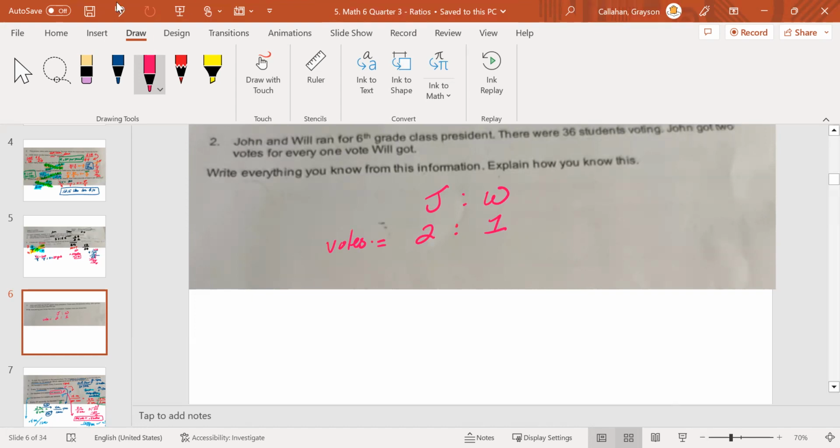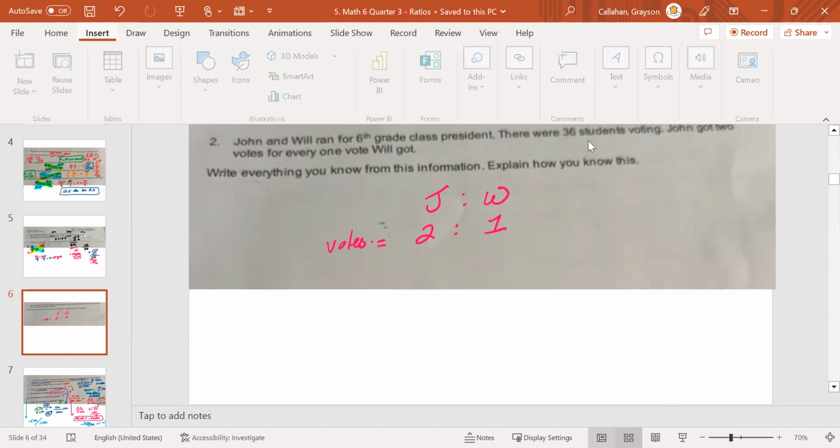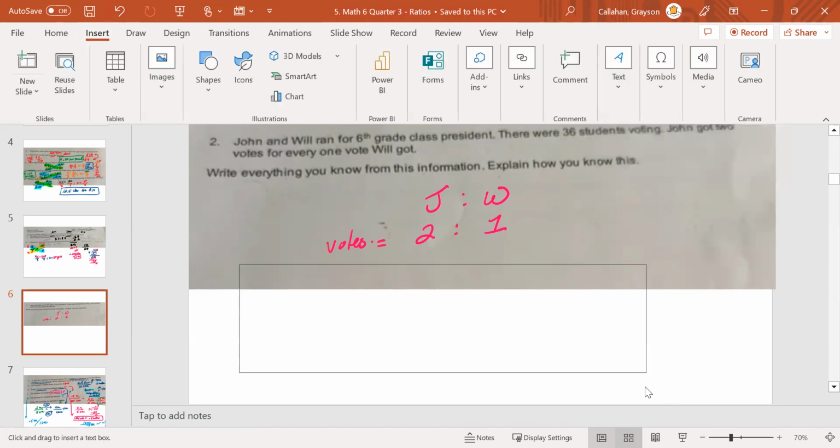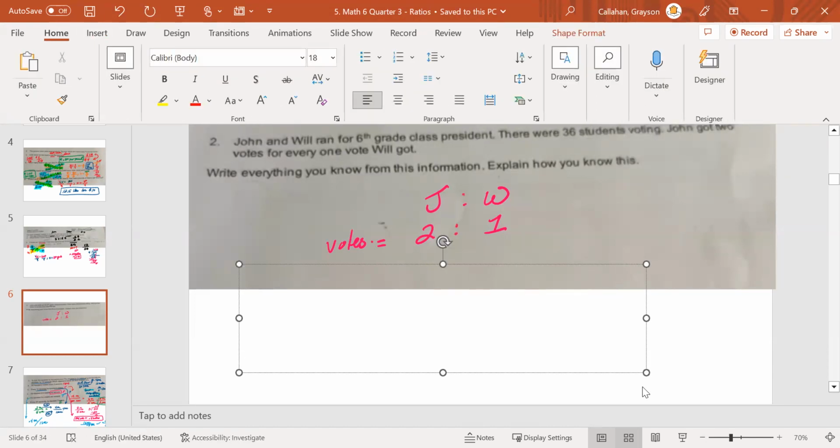You can say, first thing to say is, there are 36 students voting. Votes ratio equals John 2 over Will 1.